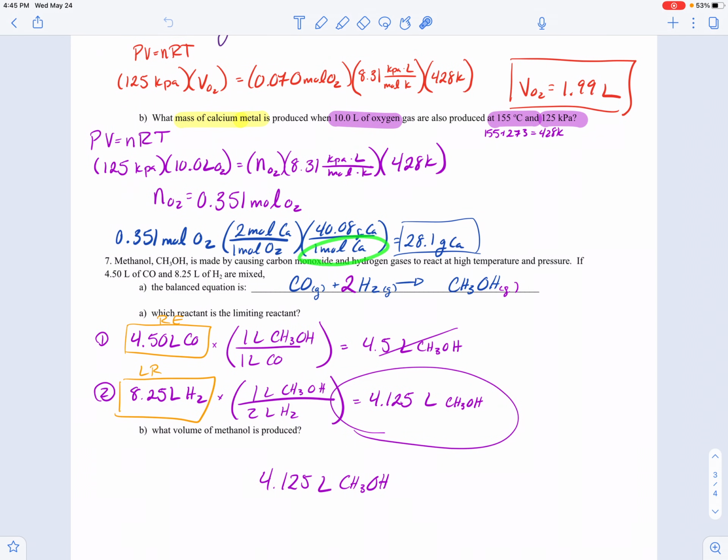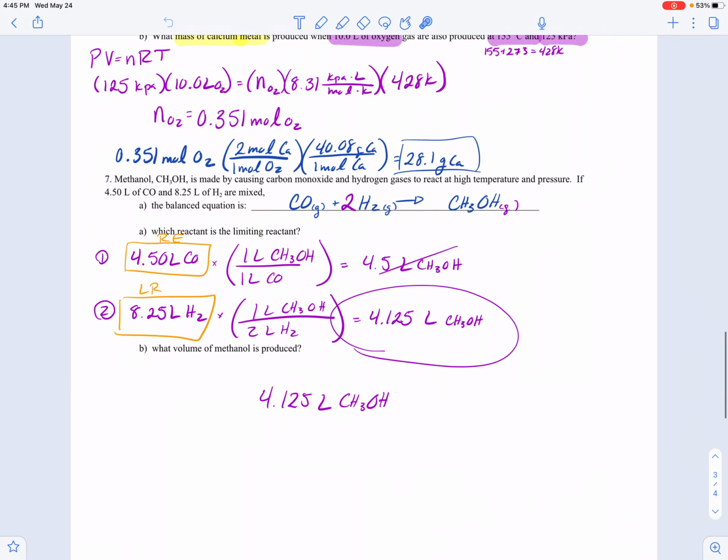And then for every 1 mole of calcium, it weighs 40.08 grams. So that's going to calculate out to 28.1 grams of calcium. So if 10 liters of oxygen gas do react at this temperature and pressure, you will end up also creating 28.1 grams of calcium metal as well.